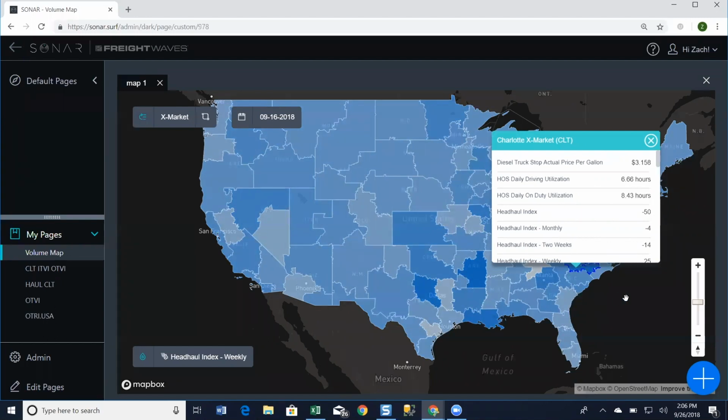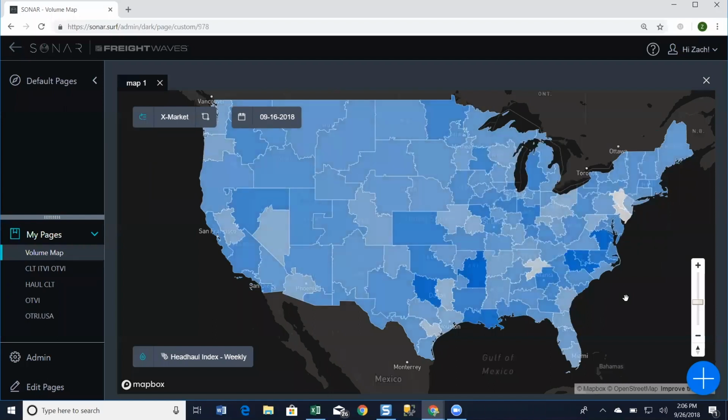And where does this fall in your daily routine or daily analysis? I know we've previously set forth a number of different data sets to go through and look at, and guided our users in a certain order. So where does adding head haul index fit with market share and volume and tender rejections?